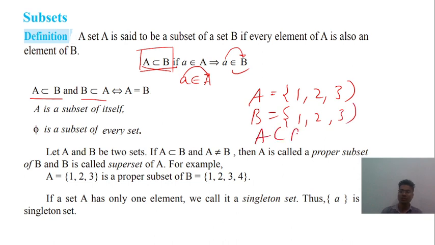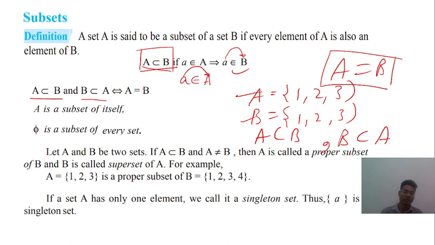So A is a subset of B and B is a subset of A. That means A and B are equal, if and only if. Here this symbol means if and only if.